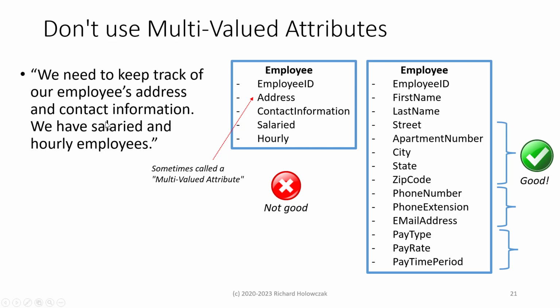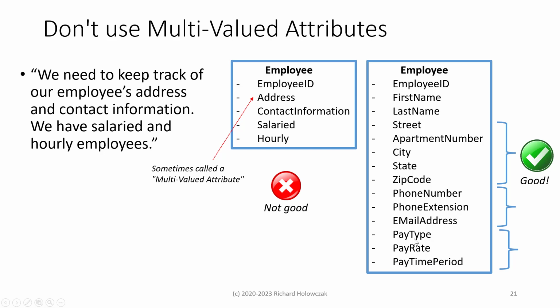And finally, we have salaried and hourly employees. That's more like the type of pay that an employee gets. And so the way we can model this is by having a pay type, which would take on the values of salaried or hourly. We can have a pay rate and a pay time period.